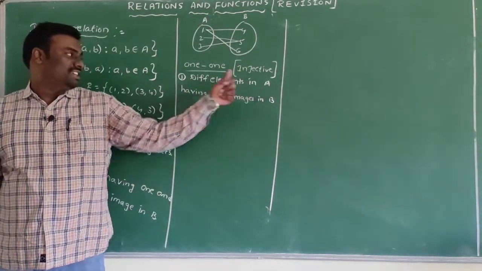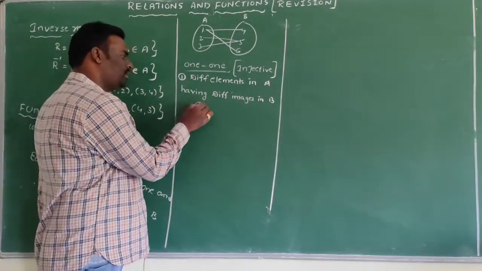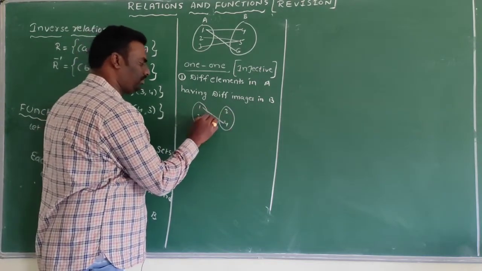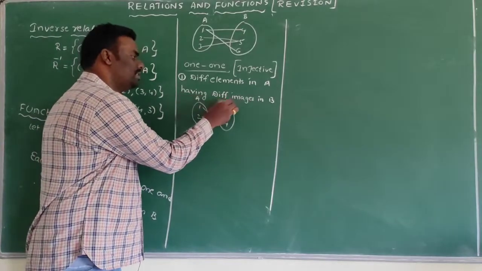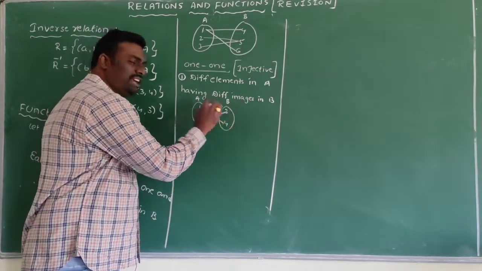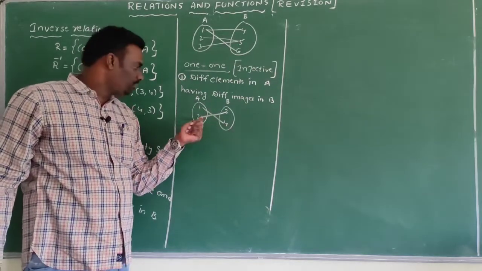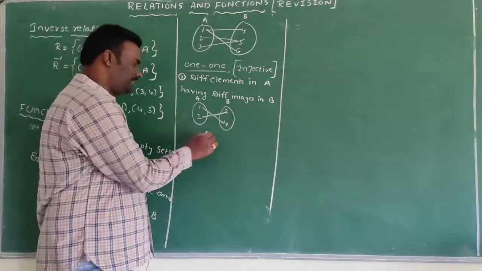Different elements in set A having different images in set B. If you take example 1, 2, 3, 4. This is set A. This is set B. Different elements are having different images. One having image 4, 2 having image 3. That's why it is one-to-one.